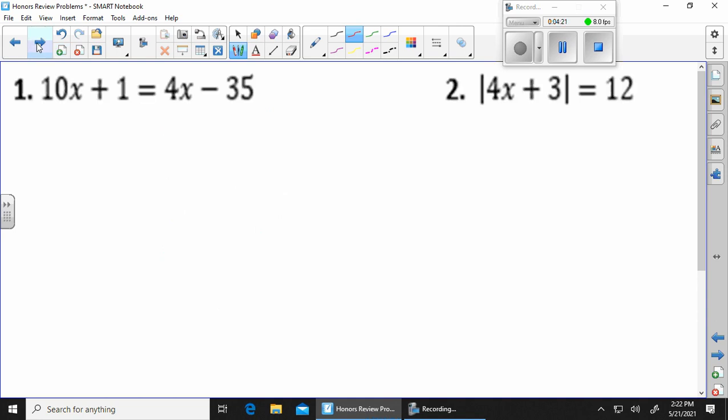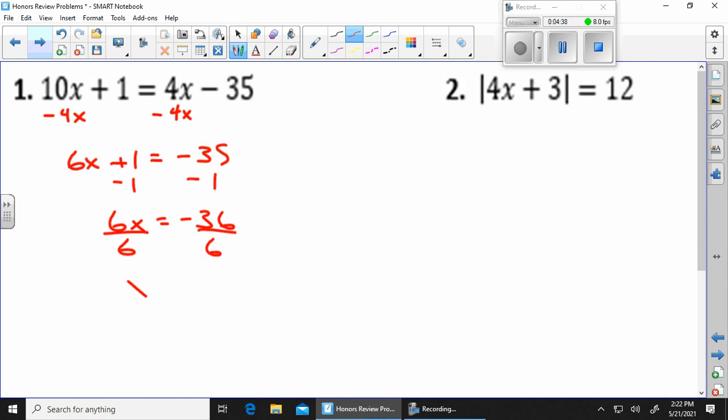So I'm just going to do these equations real quick. This is a regular old linear equation. Get x on a side by itself. There's number 1. Number 2, absolute value. So I have to remember with absolute value, I get the absolute value on a side by itself.